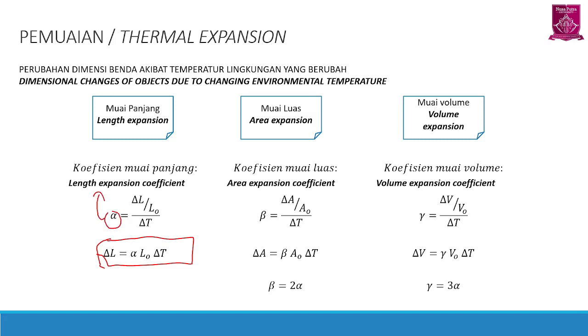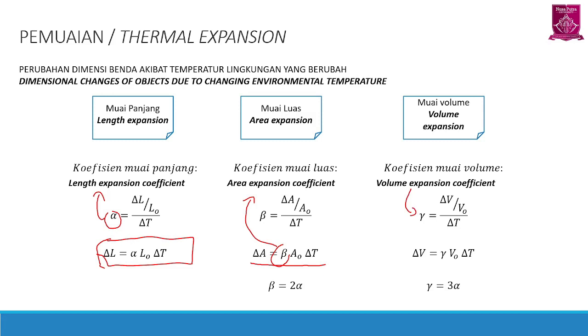And next, for the change in area of some object, we can calculate with this formula: delta A equals beta multiplied by A0 multiplied by delta T. The beta here is the area expansion coefficient, and the volume expansion coefficient is gamma.